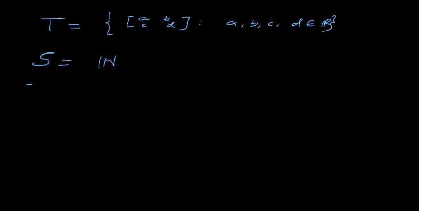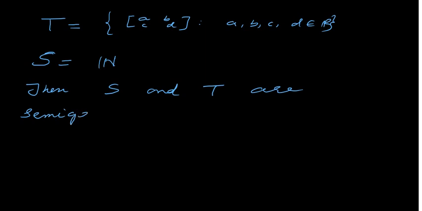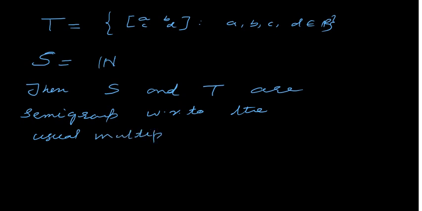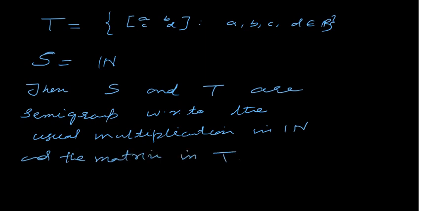Then S and T are semigroups with respect to the usual multiplication in N, and the matrix multiplication in T. Okay, they are both semigroups.